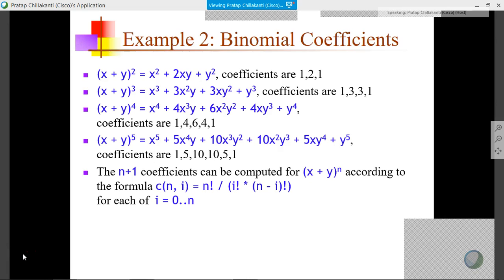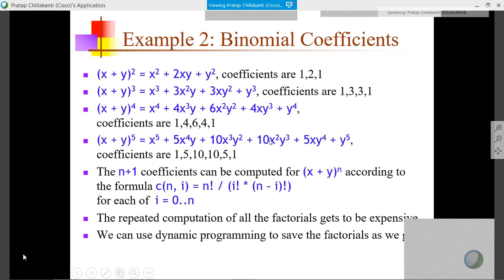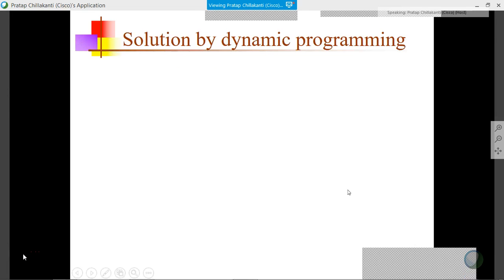Now, this is factorial, so it's very, very inefficient, because calculating the factorial in that equation every single time is very repetitive and very expensive. So how do we solve the factorial problem? Instead of doing recursion, we use dynamic programming. And how does dynamic programming work to solve the factorial problem?